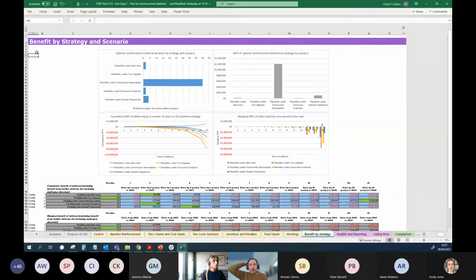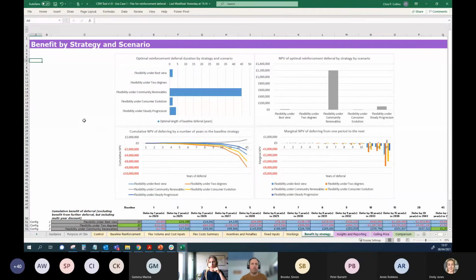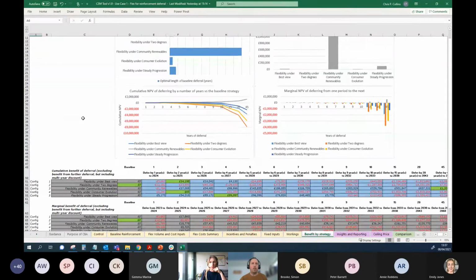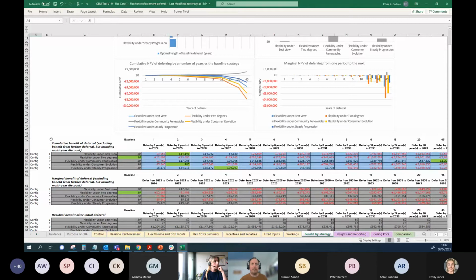I'll say it again, these are dummy numbers, so don't necessarily take any of the absolute numbers too literally, or the differences between the scenarios. We've deliberately chosen some quite extreme numbers to make it clear what's going on. So I may need to zoom in here. I'm not sure how clearly it's coming across, but what the tool does is take each scenario independently of the other.